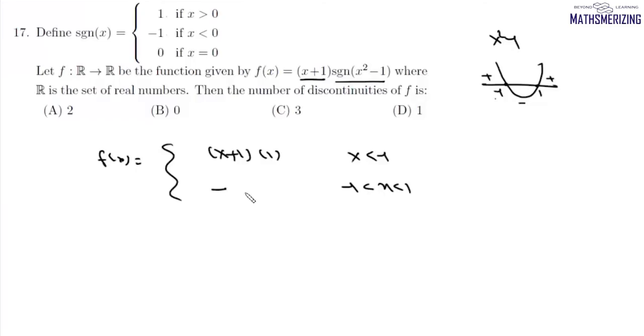So we can write this as minus (x plus 1), and when x is greater than 1, the signum function is again 1, so this value will be x plus 1. Now at minus 1 and 1, the value of the function is 0, so the signum function will take the value 0. So here this function will have the value 0. Now what we'll do is, we'll draw the graph of f(x).